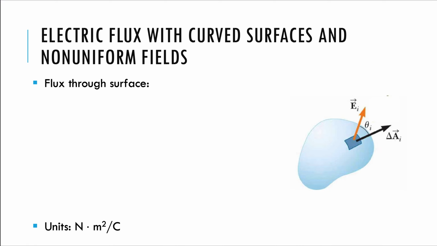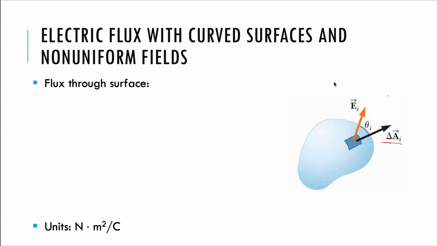So what we do is we're going to look at a small area patch on this surface. And this happens to be an open surface. It's not a closed surface. We'll do closed surfaces on the next slide. So if we want to find a flux through this small patch, then because the patch is really small, we can consider this area segment to be approximately flat, and we can consider the electric field to be approximately constant.